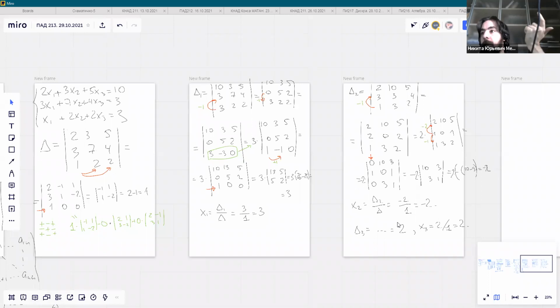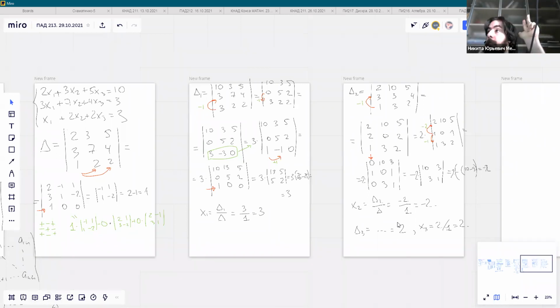Still, the second idea is that if the system is 2 by 2 with two variables, like in school, then those determinants are very easy to compute and those formulas work quite well. Obviously, it's not very hard to solve 2 by 2 systems by any method, but still, this method looks quite good in that situation.